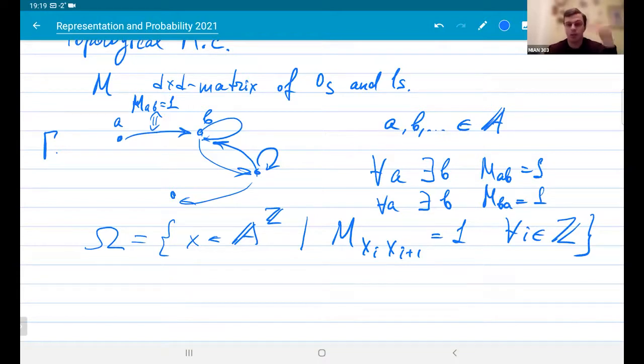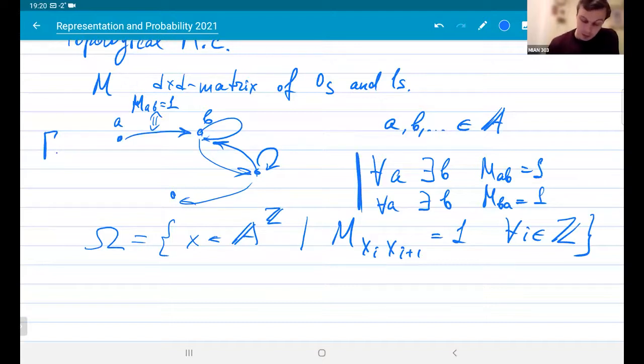This means that if you are at some vertex, then you always have something to go to on the next step, and on the next, and on the next. And also I can reconstruct it backwards. So for example, if I have some finite path, then I can add some infinite paths to the future and to the past, and so we have some element of omega. This is purely technical, because without these conditions, it is not too interesting to study.